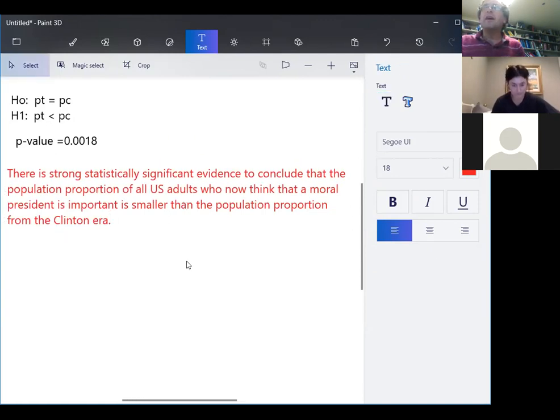Any questions on that? Do you agree that this is very similar to last week? Yes. Okay, yeah, it's really similar, but there's a different calculator button. We're dealing with 2 samples instead of 1 sample.